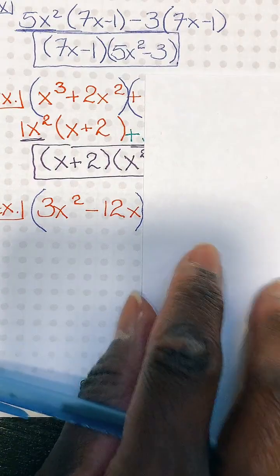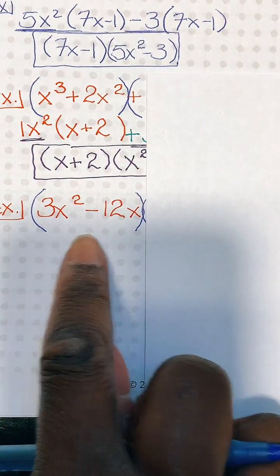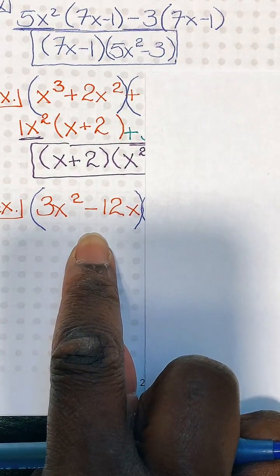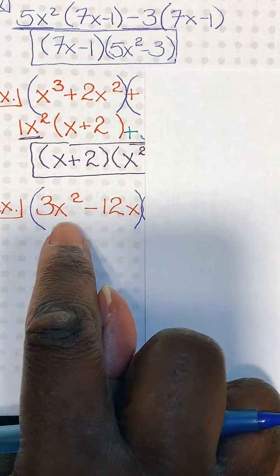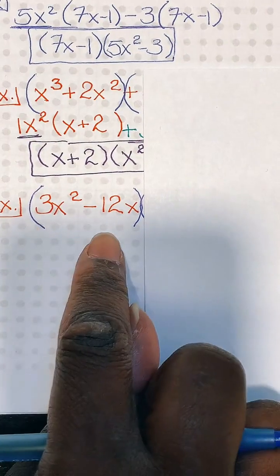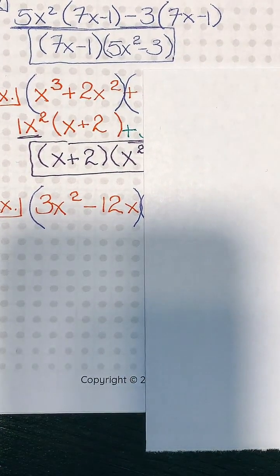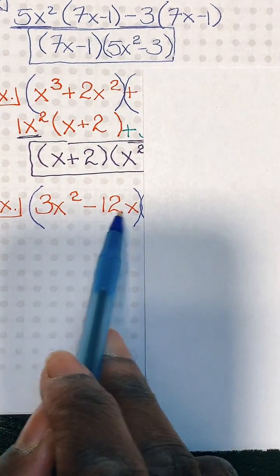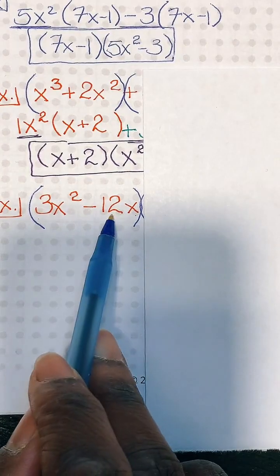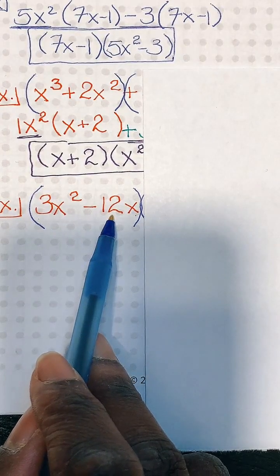All right? And just going to focus on the first parenthesis. And what we're going to do is find the GCF of just this parenthesis. All right? So now, 3x squared minus 12x. So 3 and 12 have what in common?